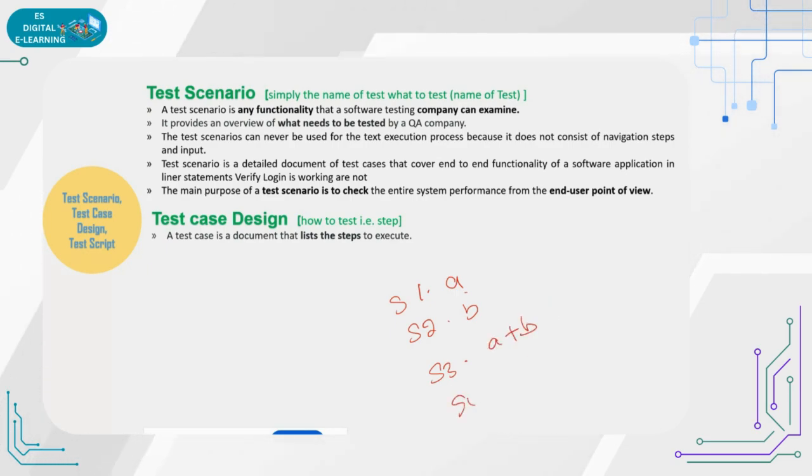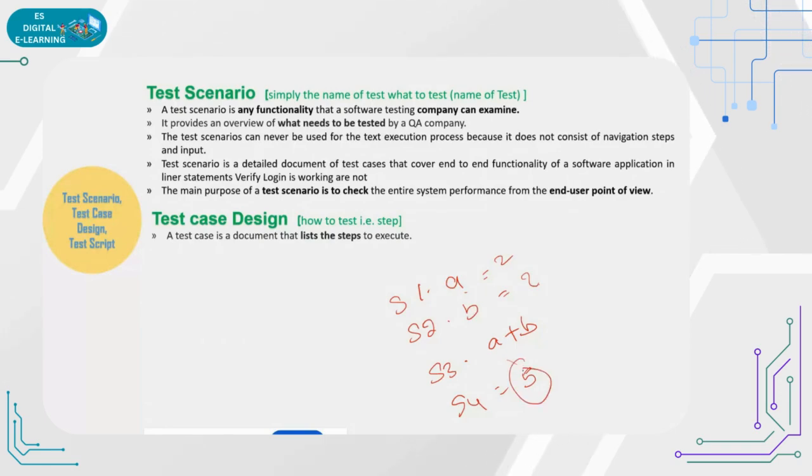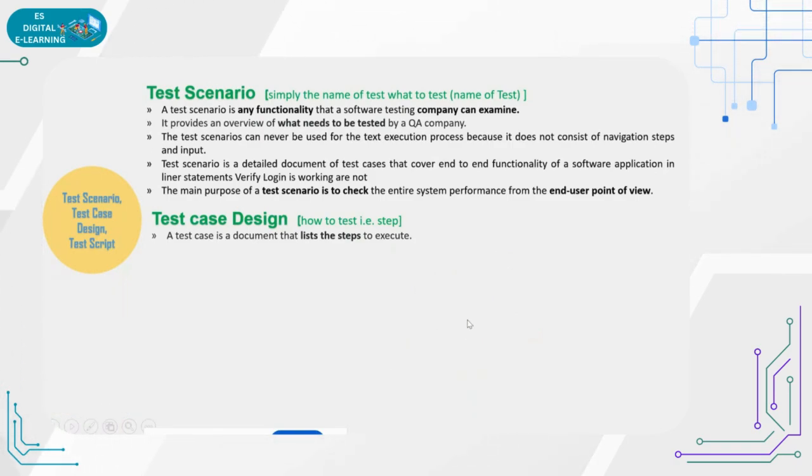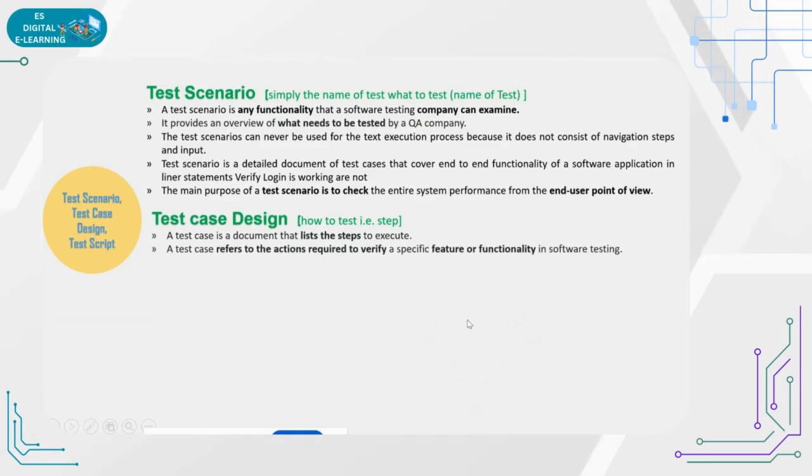Step 4 is that you need to observe the value, so you need to get the value. Suppose step one is that you give 2. You need to give the value of B, but you are not giving it. How will you get the output of 5? You cannot. So whatever steps we are following, we should always list the steps in a sequence, and then do the testing.